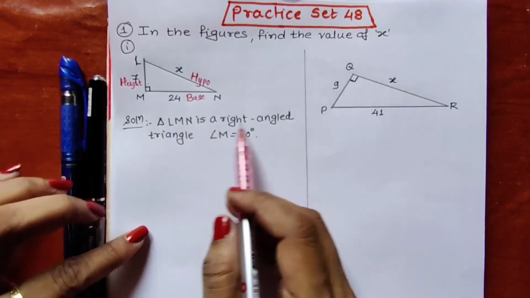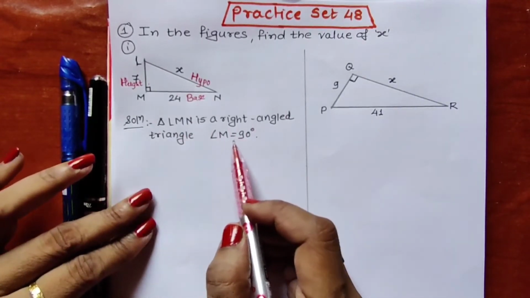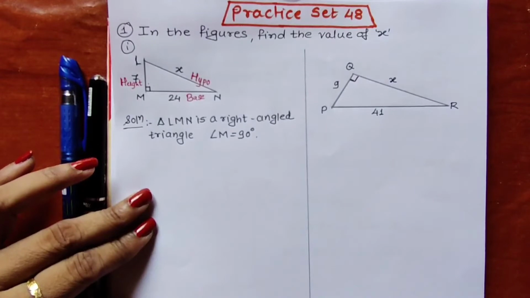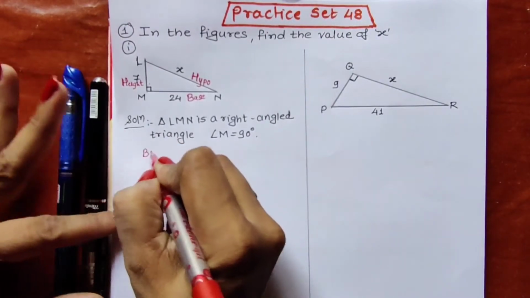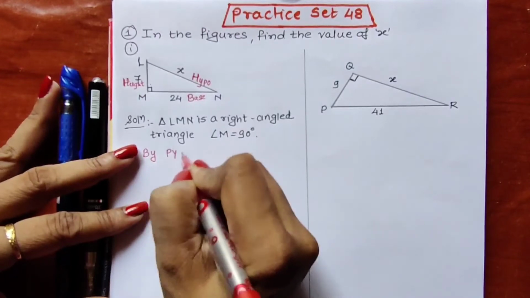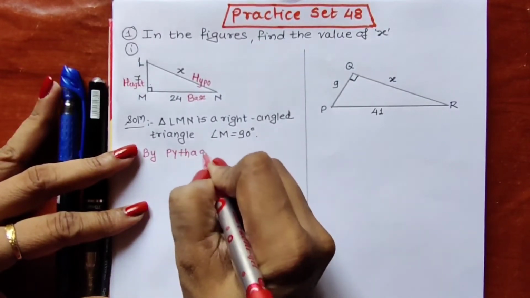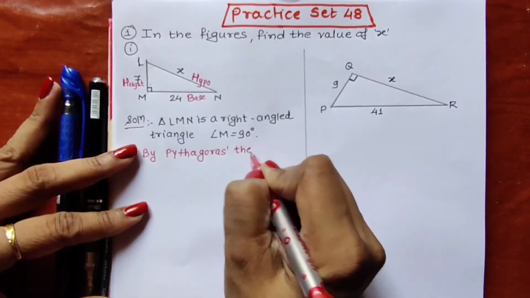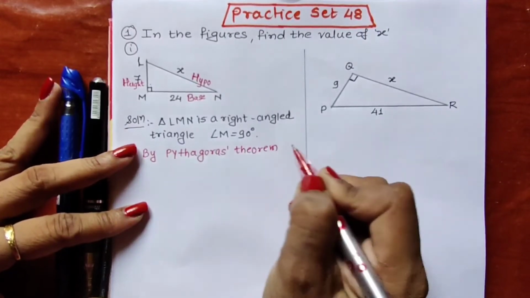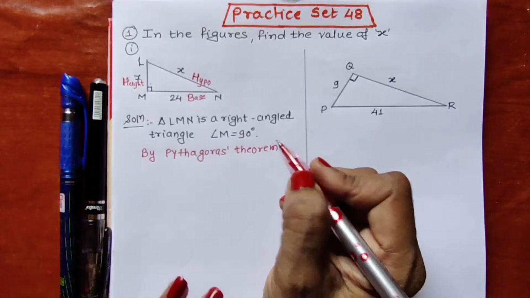So after writing the name of right angle triangle and name of angle which is having 90-degree measurement, we should write by Pythagoras theorem. And then we write the formula which is given by Pythagoras.